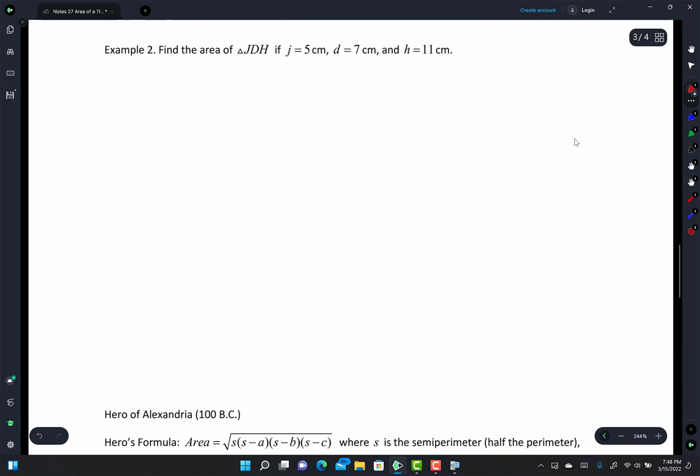So here we go. This one says, find the area of triangle JDH if little j is 5, little d is 7, and little h is 11. All right, so not to scale again. And we're going to draw a triangle. You know what? Let me draw a smaller triangle because I have a feeling this one's going to take up some room here. JDH.